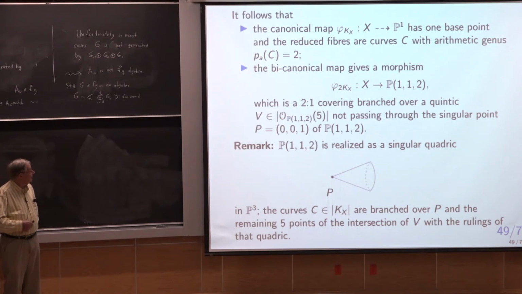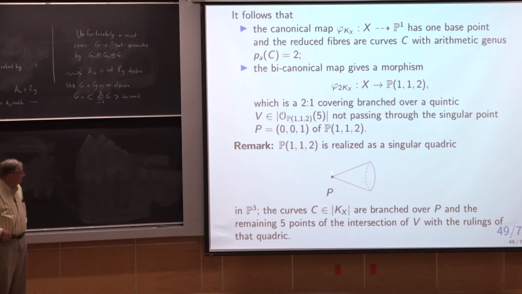So the canonical map is a rational map to P1, a pencil of genus 2 curves. As I said, the I surfaces look in many ways like curves of genus 2. So the canonical series is a pencil of genus 2 curves. The bicanonical map is a 2-to-1 covering over this weighted projective space.